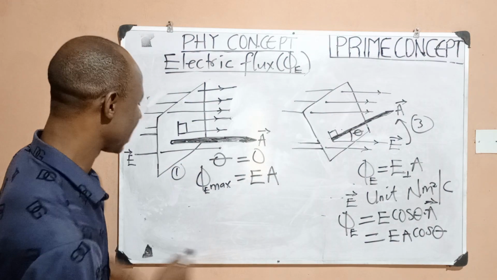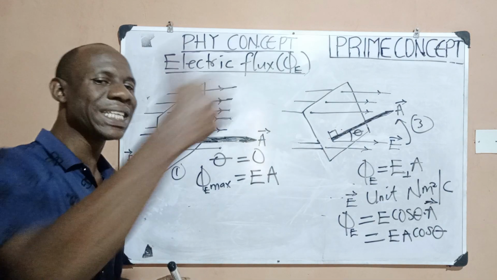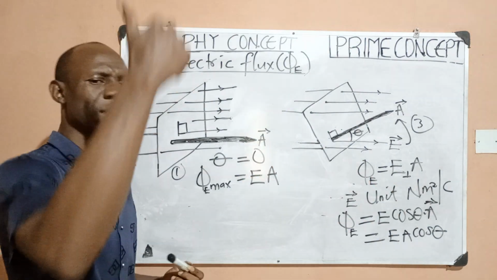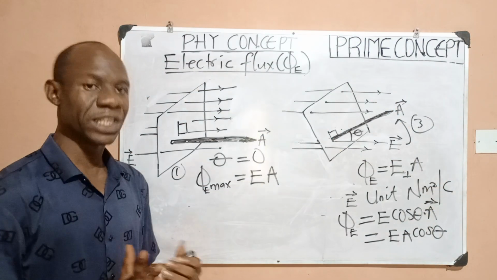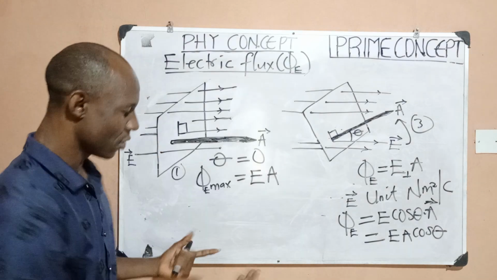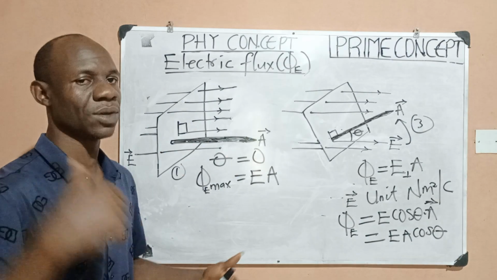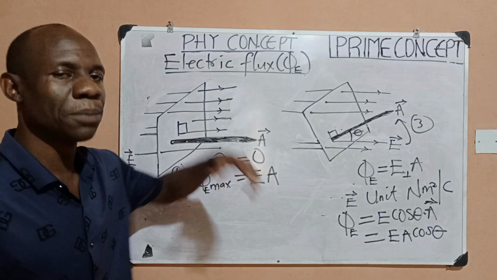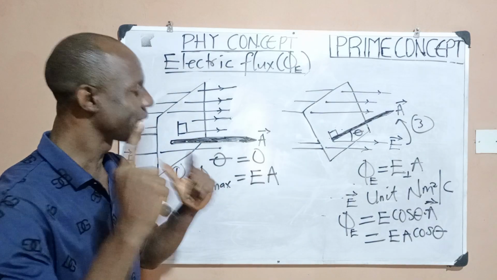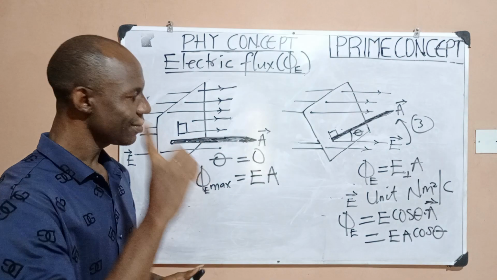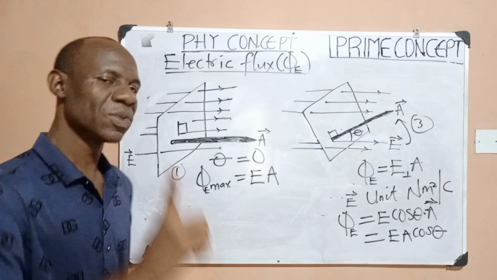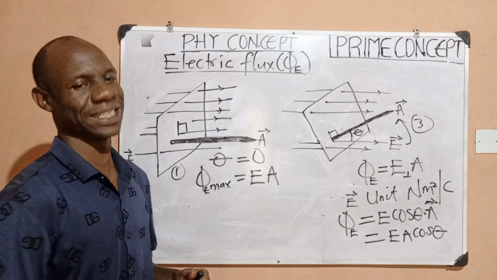The second thing I want you to know is minimum flux. When do you get the smallest or your minimum flux? Your minimum flux is the diagram I just rubbed, so you can go back, rewind the video, and then check the diagram. Now, your minimum flux is obtained when the electric field is parallel to the surface.